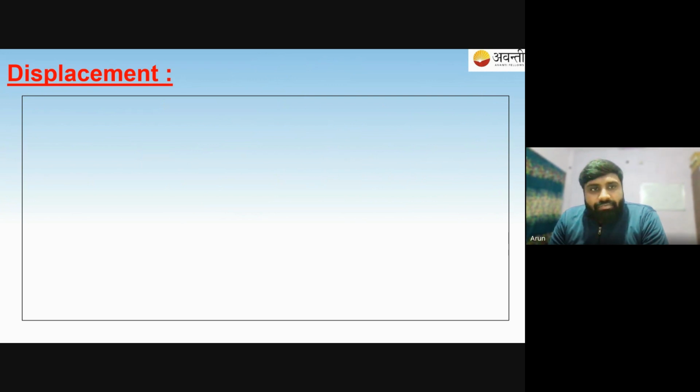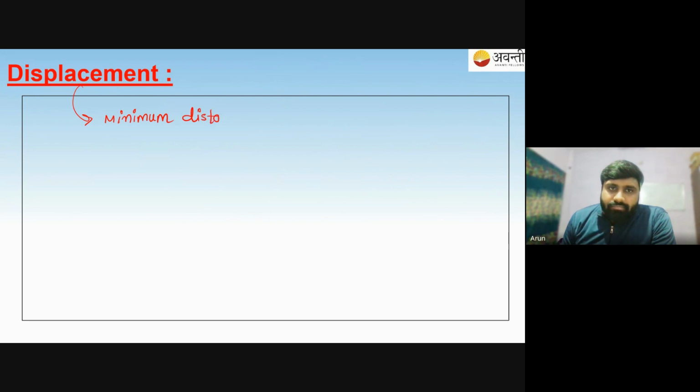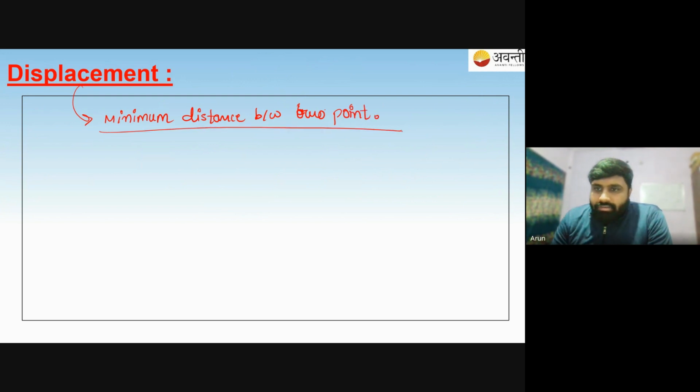That it is the minimum distance between 2 points. That definition you have learned, na? The shortest path is displacement. Yes or no?